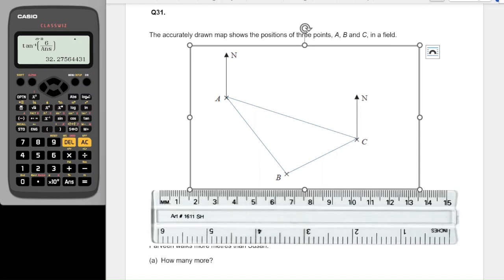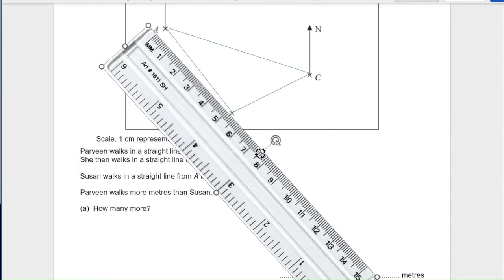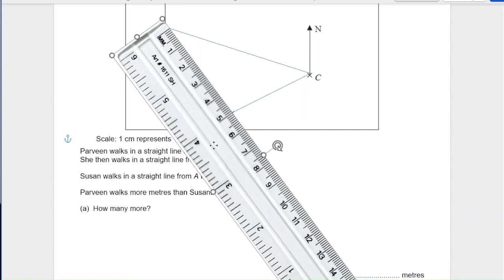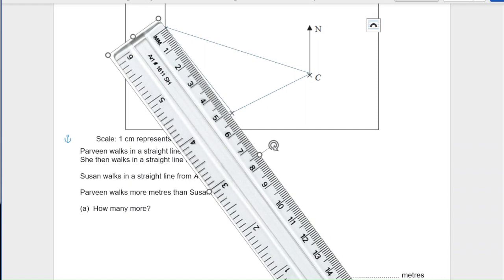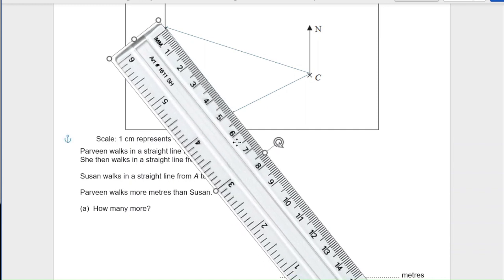Right, I'm just going to adjust my page slightly. Okay, so I'm going to measure the length of each of these lines. So the first line, and this is slightly awkward for me, but the first line I measure as being 5 centimeters. So A to B is equal to 5 centimeters.